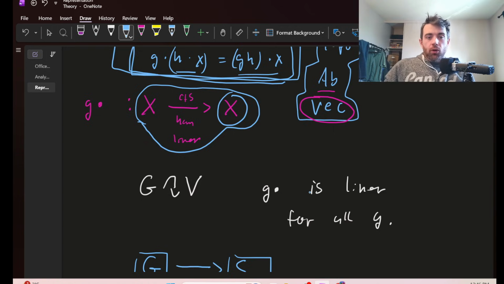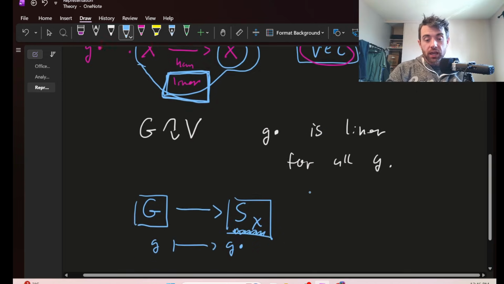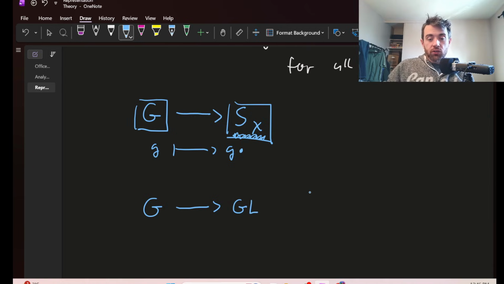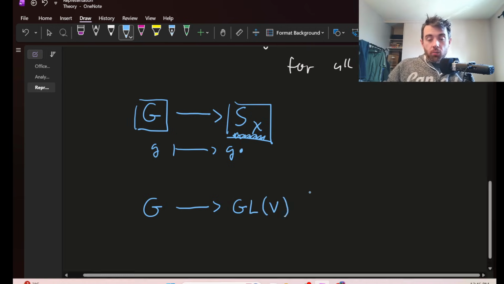We're not talking about topology. In particular, though, since we're talking about representations, we want to deal with those maps which are linear bijections, or in other words, an isomorphism of a vector space. So equivalently, a representation of G on a vector space V is equivalent to a homomorphism from G to the group of all invertible linear transformations, right?